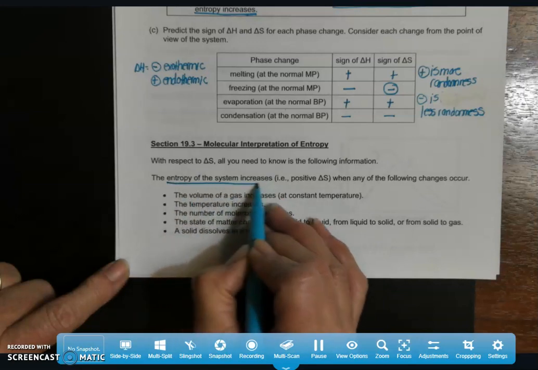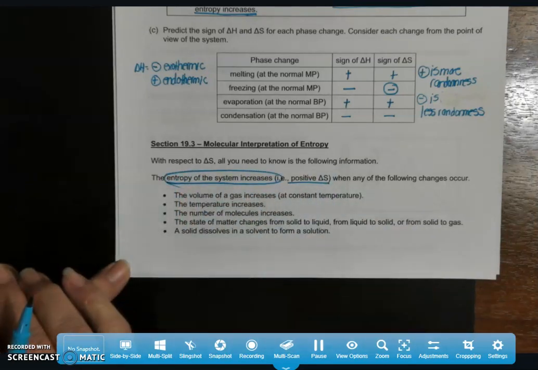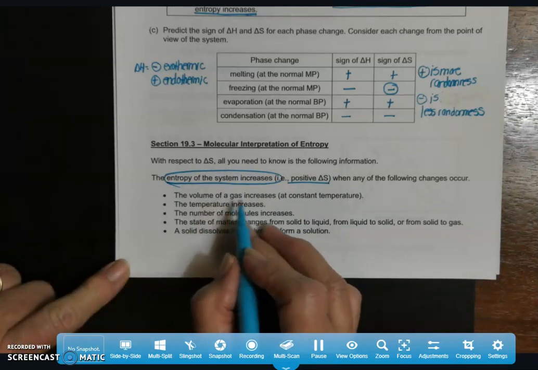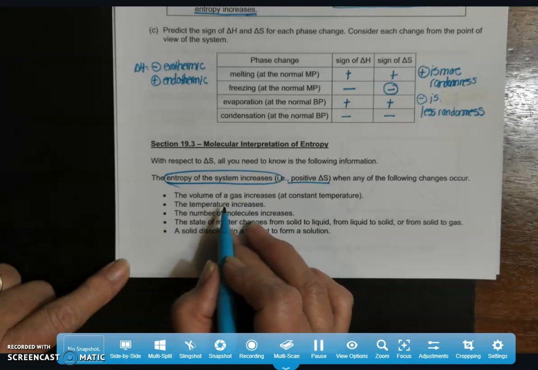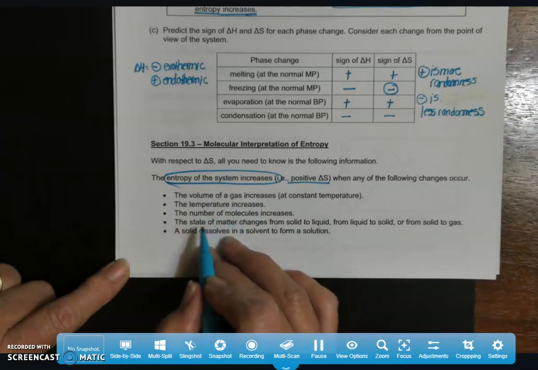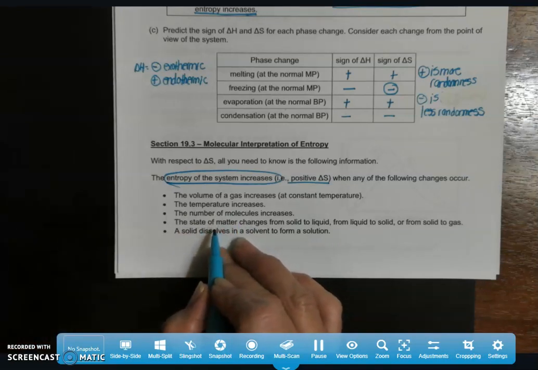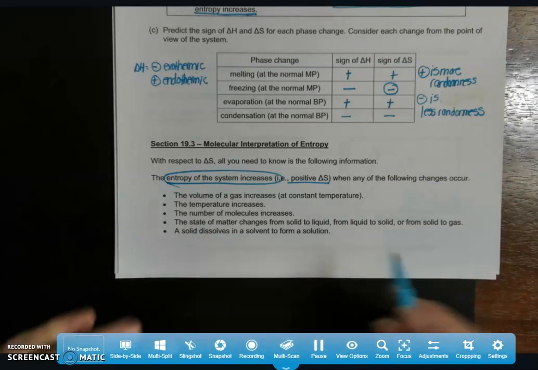So the entropy of a system increases, or S is positive, when the volume of the gas increases, the temperature increases, the number of molecules increases, the state of matter changes from a solid to a liquid, liquid to a gas, or from a solid to a gas, or I'm going up the steps of a cooling curve.